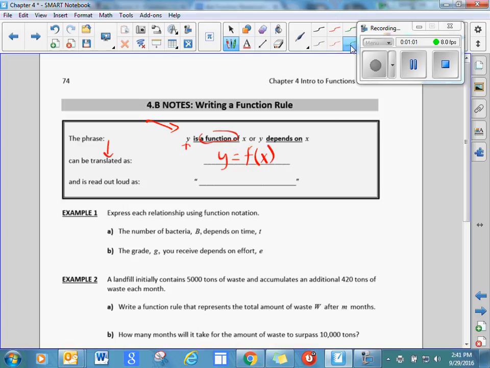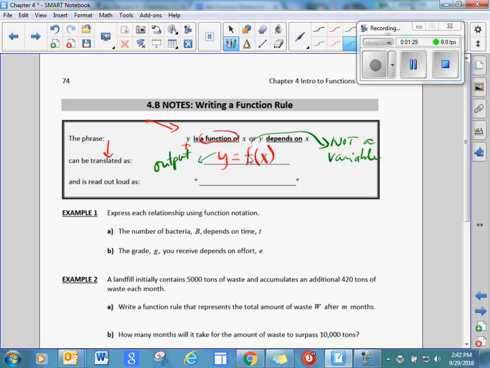Now, it's important at this point for you to know that f is not a variable. It looks like a variable. It's a letter for sure, but basically we're using the first letter of the word function to stand for this particular character right here. So this says y, which is the output, the y-axis.